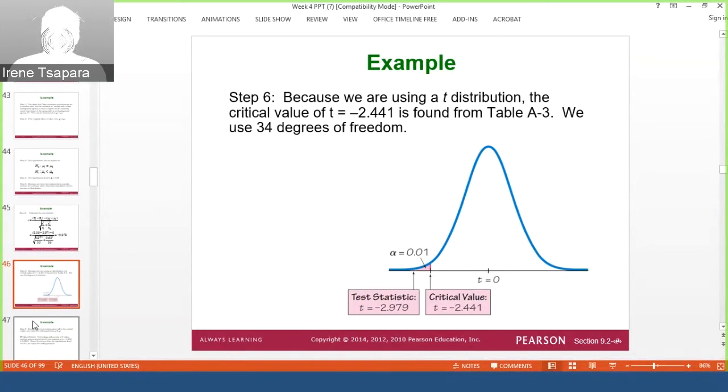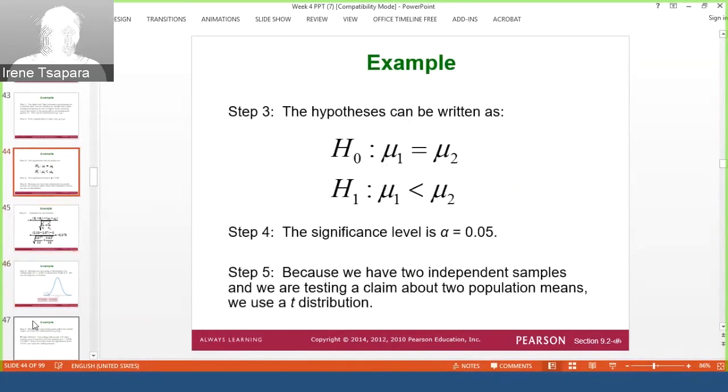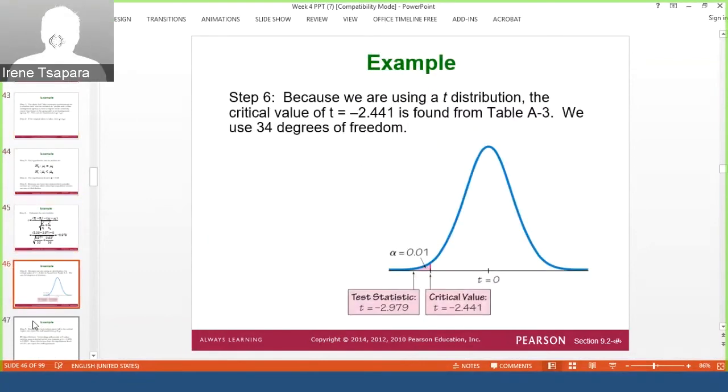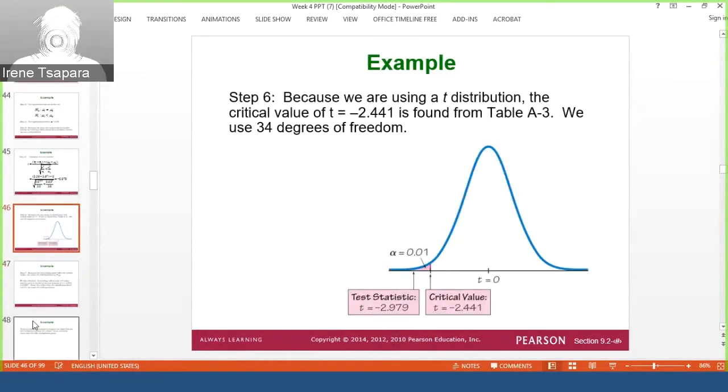We look at the t distribution, and we want to consider the degrees of freedom. The degrees of freedom will be 34. Going back here, you will see that the degrees of freedom will be the less than the smallest sample.